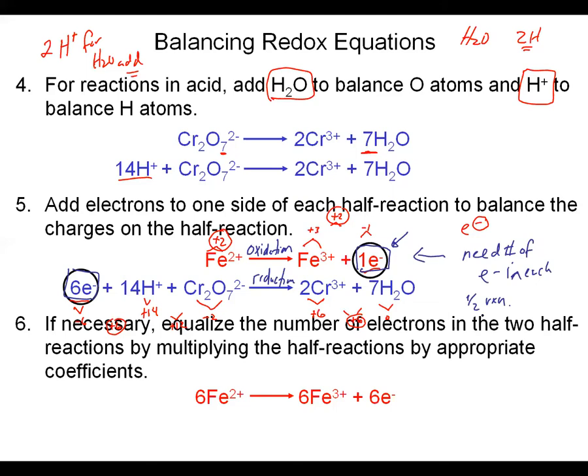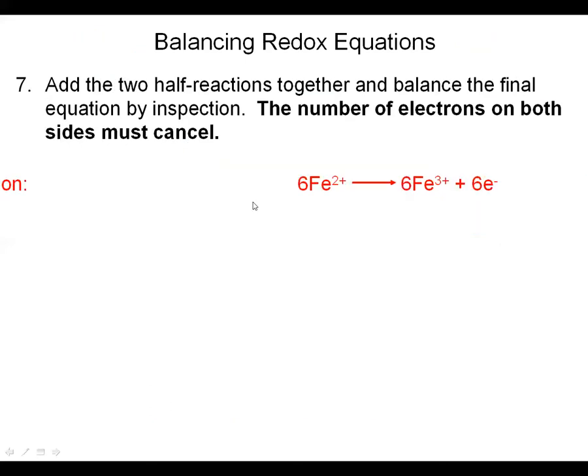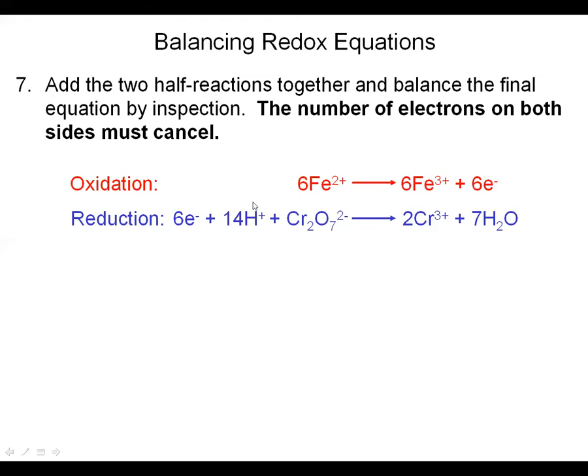At this point, once we got all of the electrons the same in both half reactions and we balanced everything in terms of elements, we're now finally ready to add these back together. If we do that, we will see that the electrons should cancel out completely.